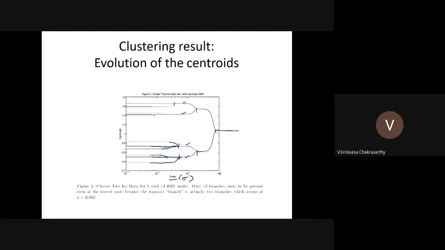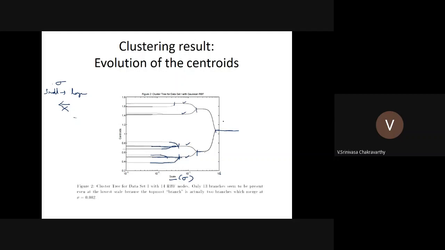I want to again point out that sigma can go from small to large, but the reverse is not permitted. If you start with only a large sigma, then everything just coalesces at this point, and from that point, if you start decreasing sigma, nothing will happen.